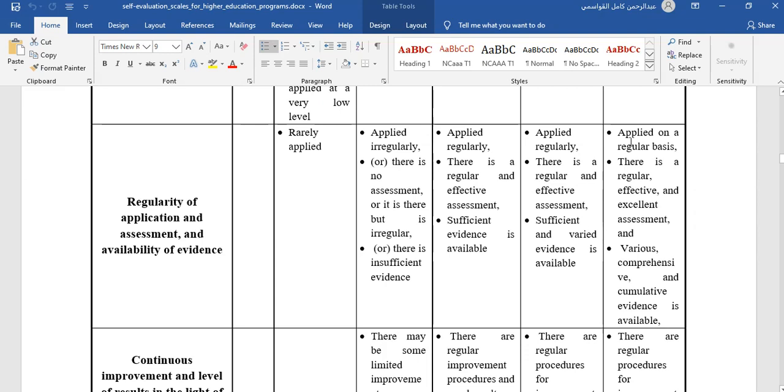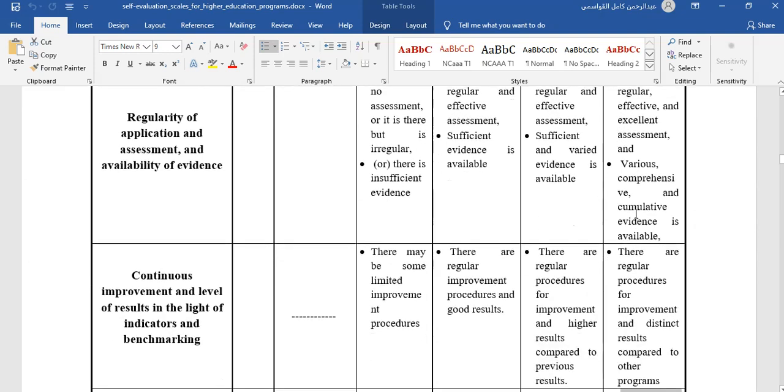You have to regularly and effectively use this element, you have an excellent assessment, and comprehensive and cumulative evidence is available.